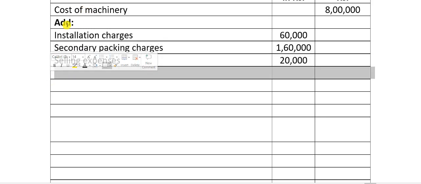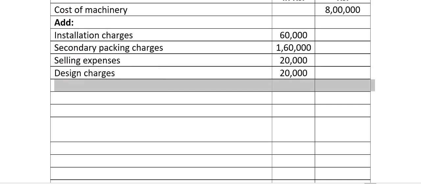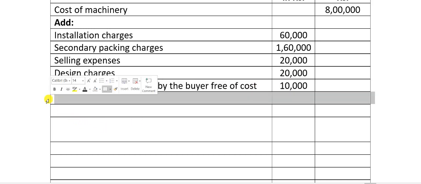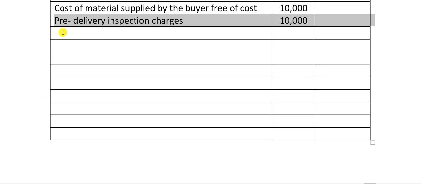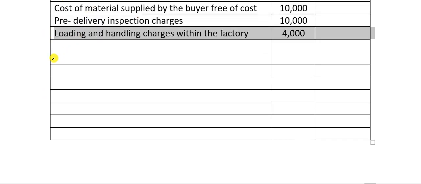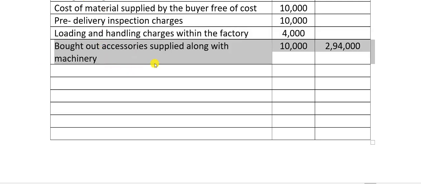Selling expenses 20,000. Design charges 20,000. Cost of materials supplied by buyer free of cost 10,000. Pre-delivery inspection charges 10,000. Loading and handling charges within the factory 4,000. Bought out accessories supplied along with machinery 10,000.